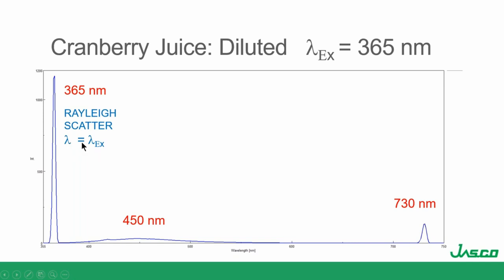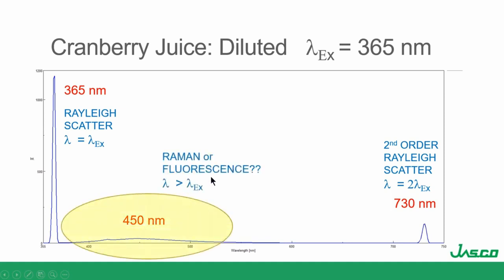That's just Rayleigh scatter, lambda equals lambda excitation. Out here, another quickie, second order Rayleigh scatter at double excitation. This one, however, what is this? It's likely fluorescence, but it could be Raman, so we need to check it further. What are you thinking? What are we going to do to check this?